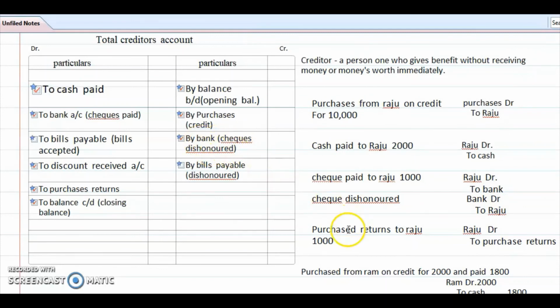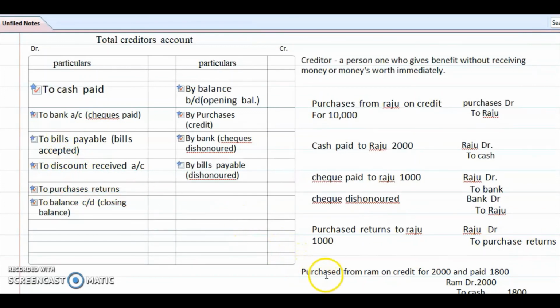Check dishonored. Purchases returns to Raju. What entry will we make? Raju account debtor to purchase returns. Raju account is a creditor account. The other account is purchases returns account, which is on the credit side. That's why we are writing it on the debit side of the creditors account, to purchases returns.